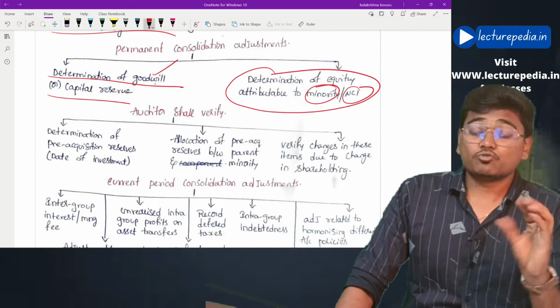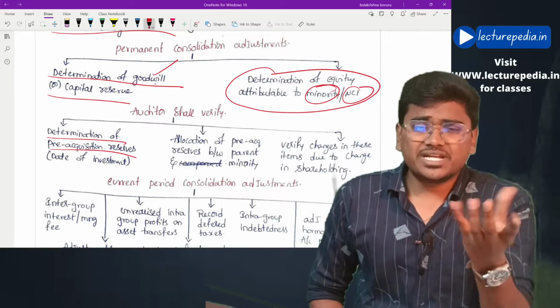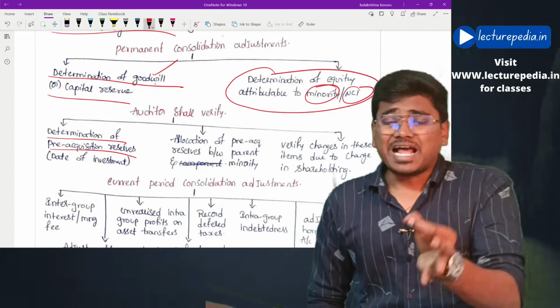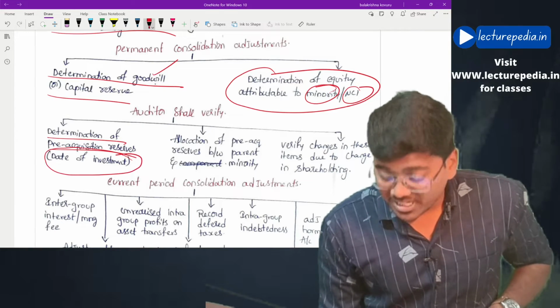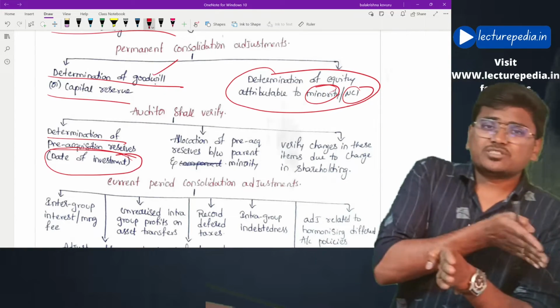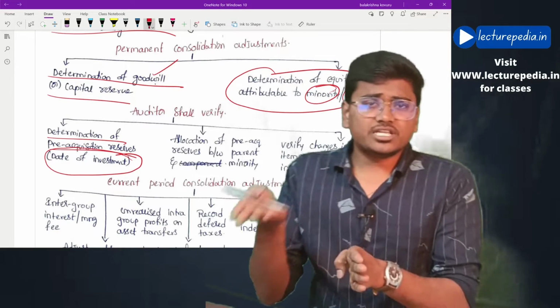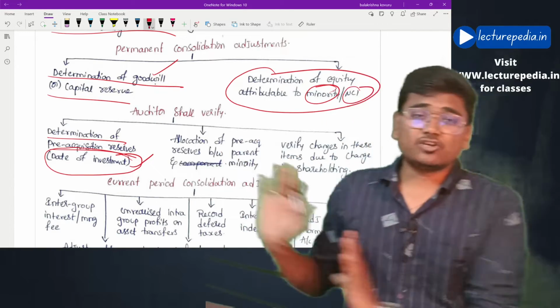Thereby the auditor has to verify the pre-acquisition reserves. For this, the important aspect to be taken into consideration is the date of investment, because all the reserves before the date of investment will be pre-acquisition, and after investment they will be post-acquisition. So you have to examine this date of investment.